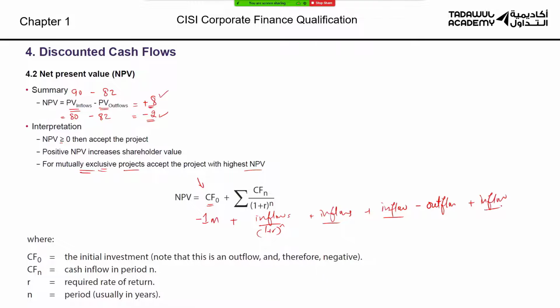That's the case for, let's say, private equity, for example. So you might have an outflow at the beginning, you might have another outflow. They might come back and say, we need some more cash. In this qualification, I doubt in the exam CISI will get into this.